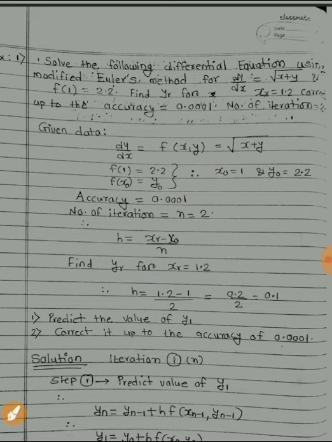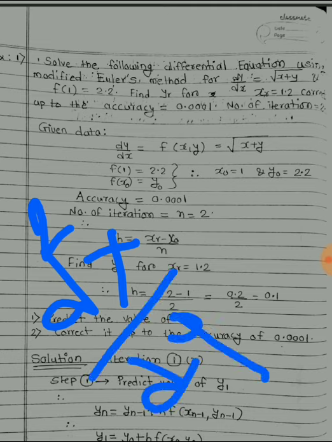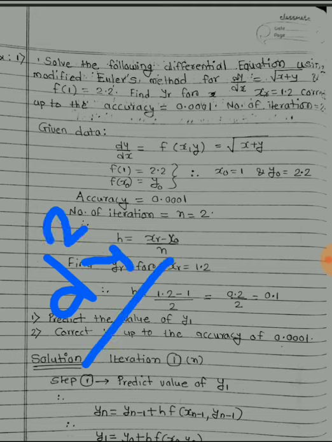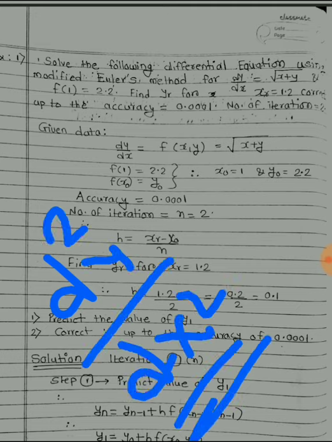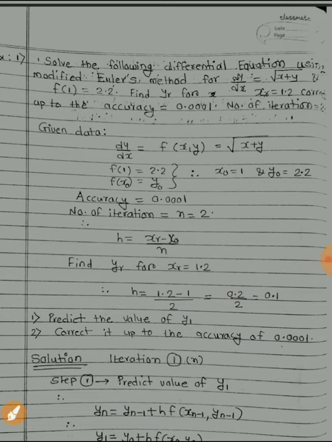If the term present in the equation is say d2x by dy square, or d square y by dx square, then I can say this is second order. So I have understood from the given equation that this is a first order equation as dy by dx term is there, and I'm supposed to use modified Euler's method for it.